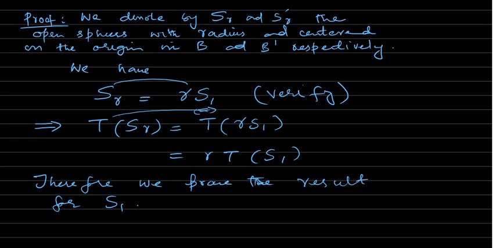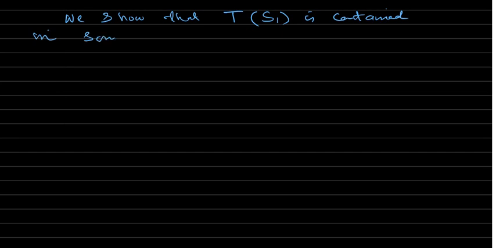So for this we have to prove the result. That means we show that T of S1, the image of this sphere, is contained in some sphere, meaning some SR prime in B dash. This is precisely what we have to prove.